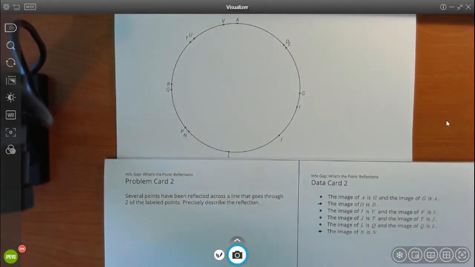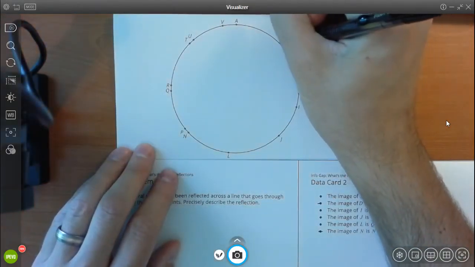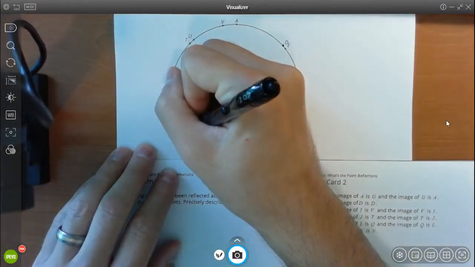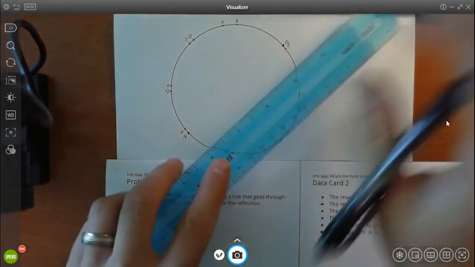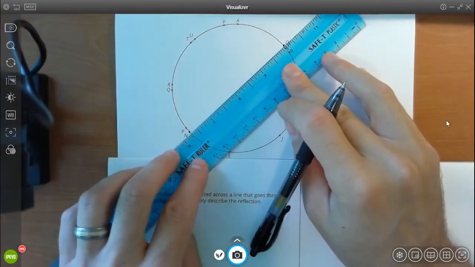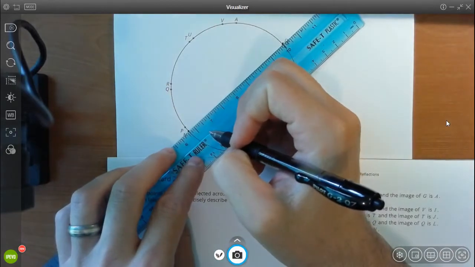That means that they are 0 units away from the reflection line, or in other words, right on top of it. So we can plot point D and point N. Those are both on our reflection line, and we're going to connect those points in black on our page here.